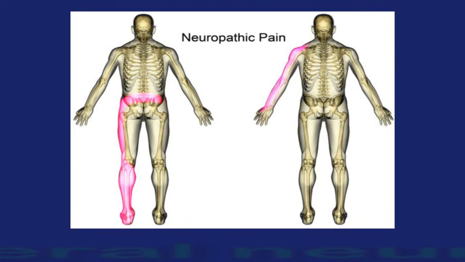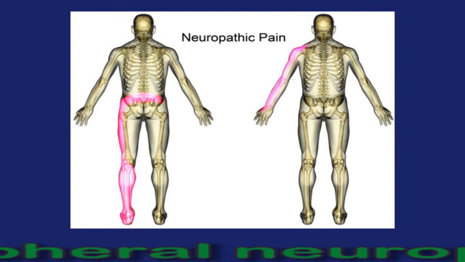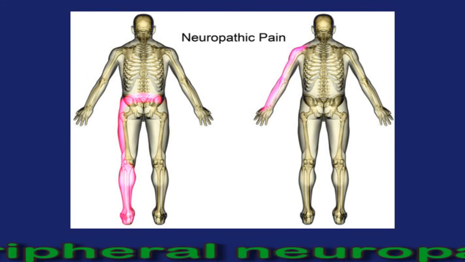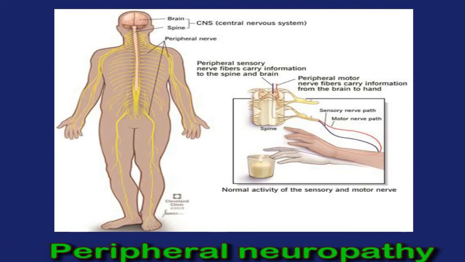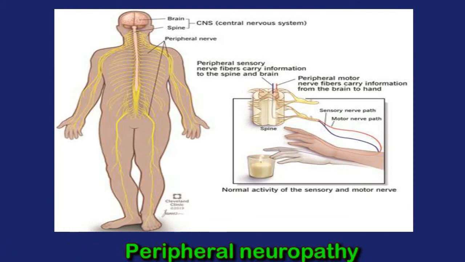Peripheral neuropathy. According to the National Institute of Neurological Disorders and Stroke, peripheral neuropathy can develop due to conditions that involve damage to the peripheral nerves. There are over 100 types of peripheral neuropathy, and the symptoms depend on the type of nerves affected. Neuropathy that can affect the hands includes motor nerve damage.